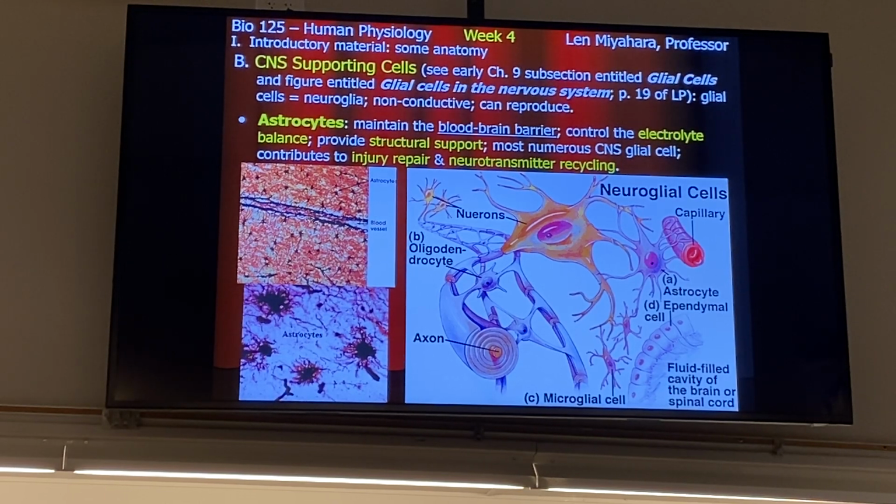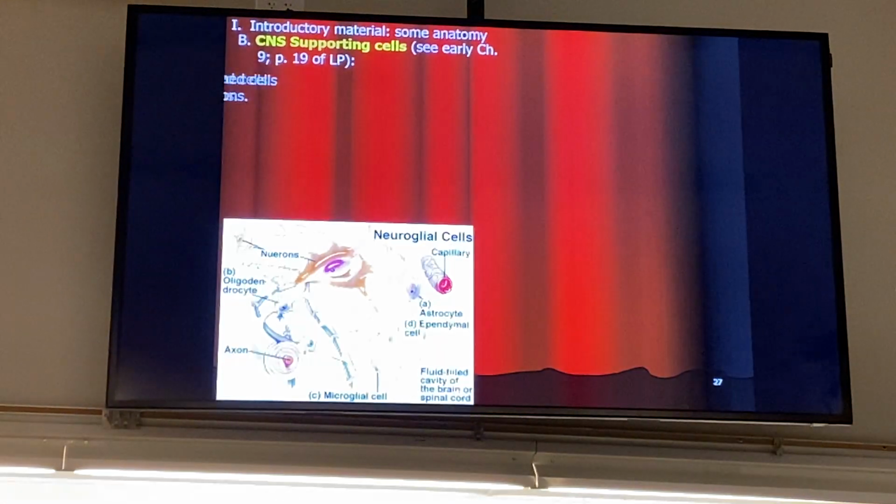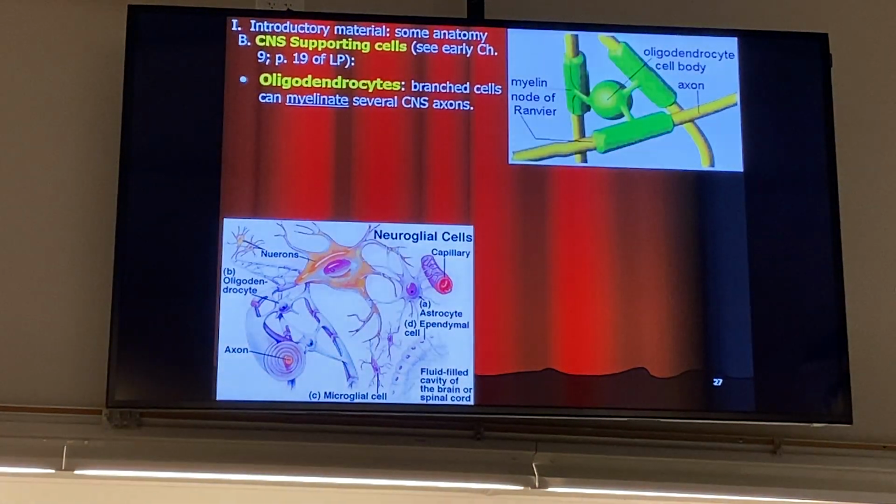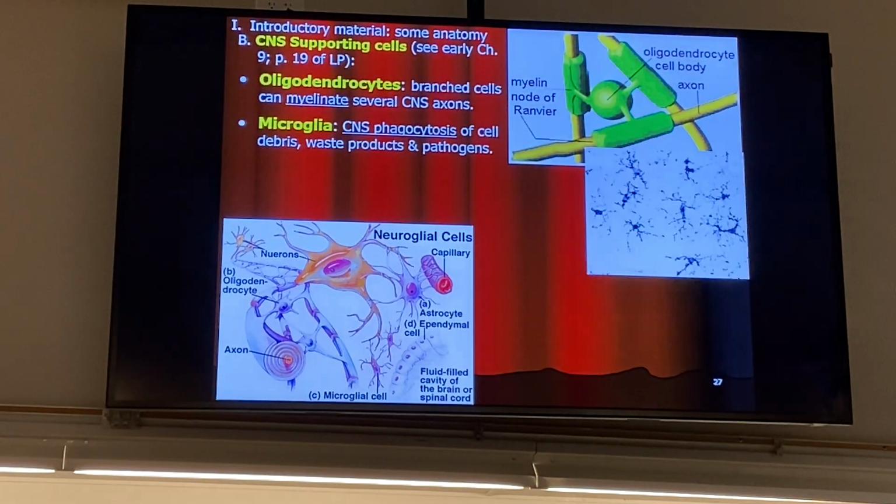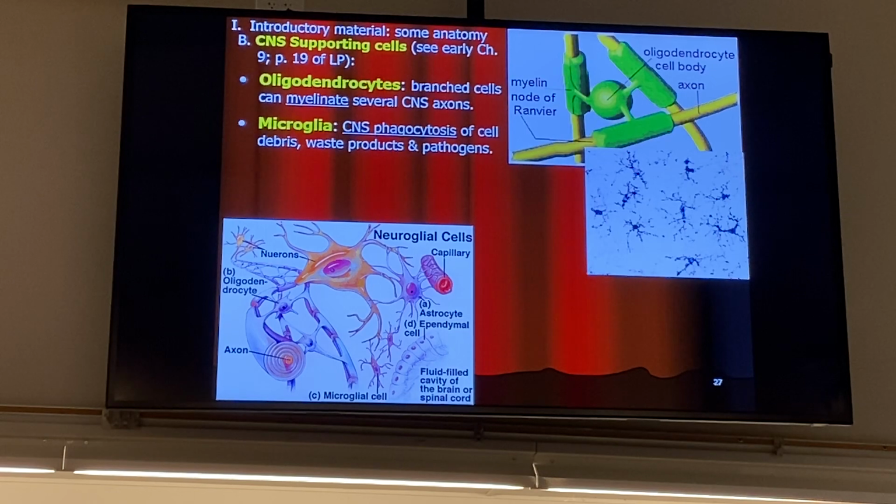But this is also an important neuroglial cell in injury repair as well. Again, we already covered oligodendrocytes, they branch and myelinate several axons. Because of the blood-brain barrier, neutrophils and macrophages can't get out of the blood vessel to go out to the CNS.